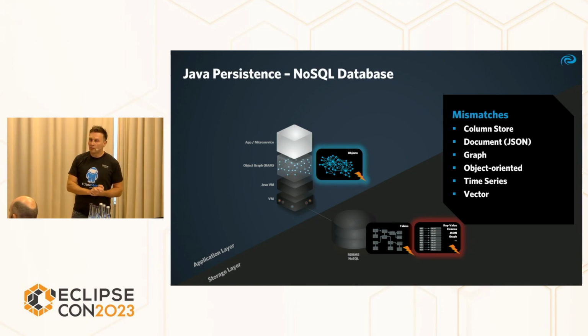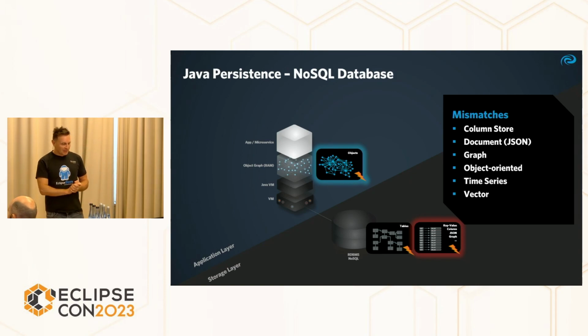What about NoSQL databases? Who of you uses NoSQL databases? No one? Some. Who uses databases? Okay, relational, of course. Nice. So the NoSQL databases introduce new data structures and formats. This might be the biggest difference between a relational database and the NoSQL databases.